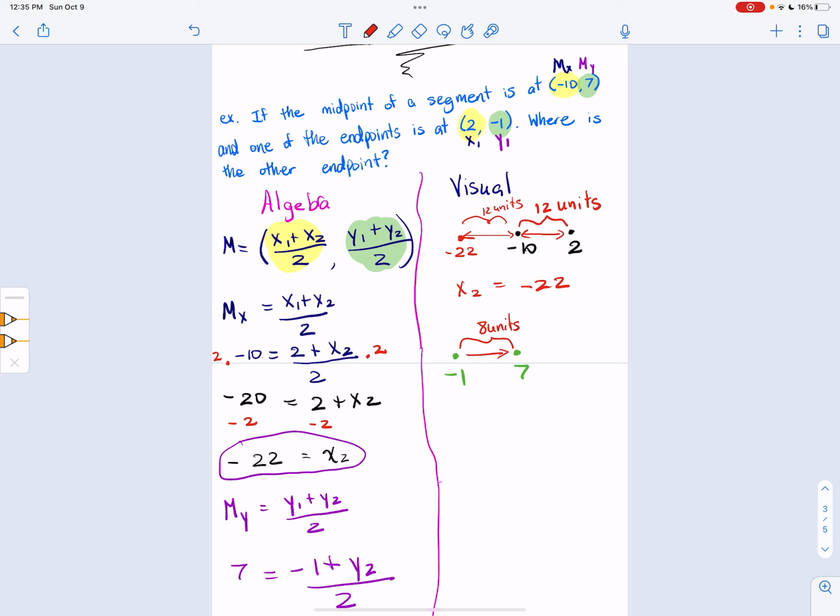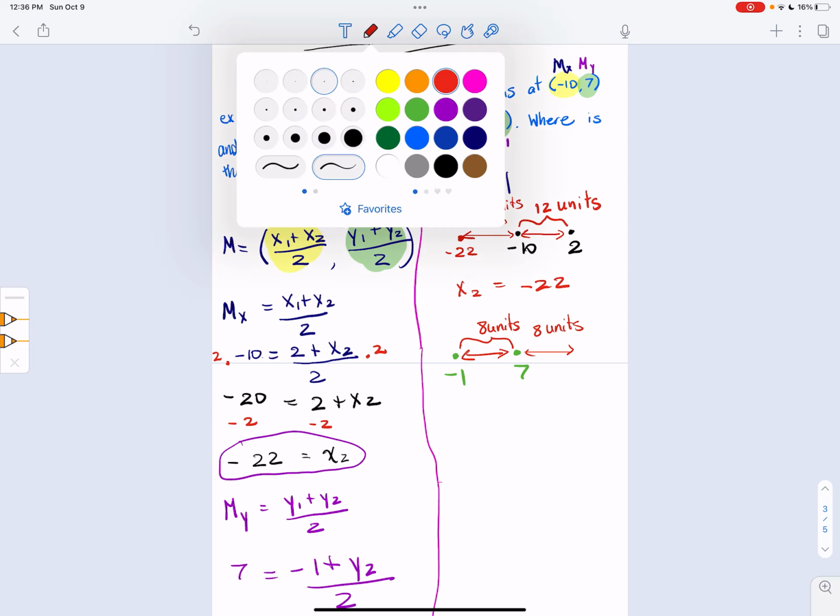So they're 8 units from the endpoint on the left going up to the midpoint at 7. Now if I want to figure out what's on the other endpoint, I can jump 8 units once again and add that 8 onto the 7, and I get 15.